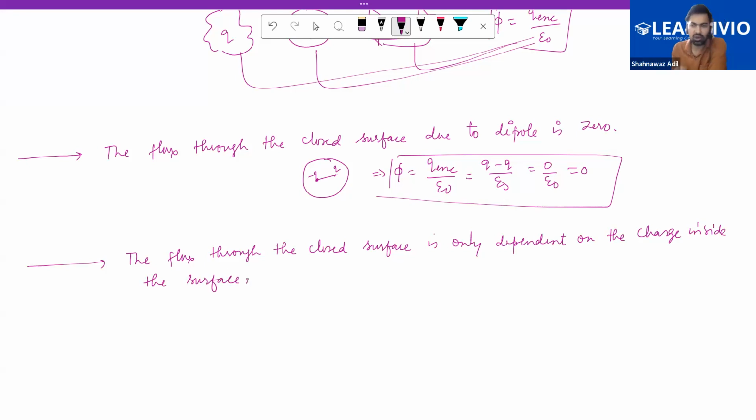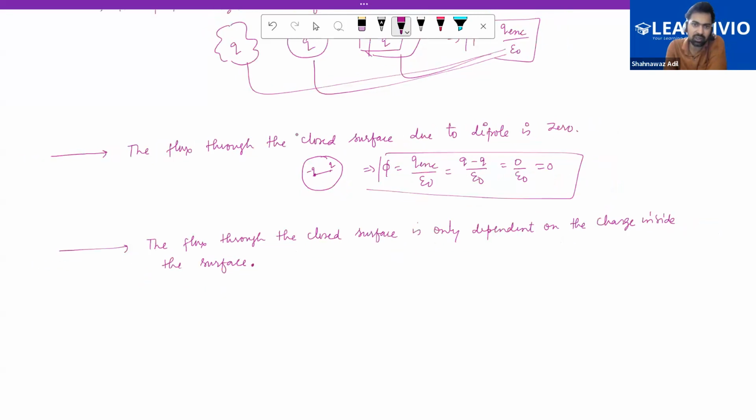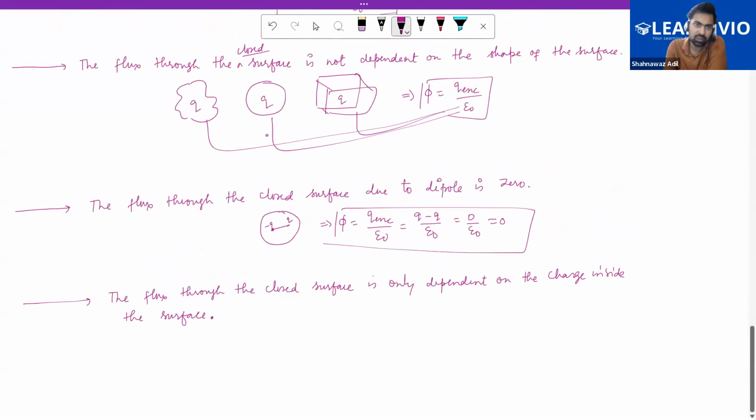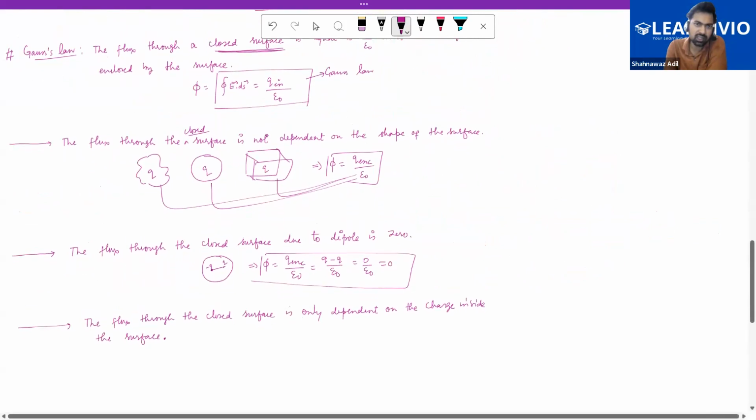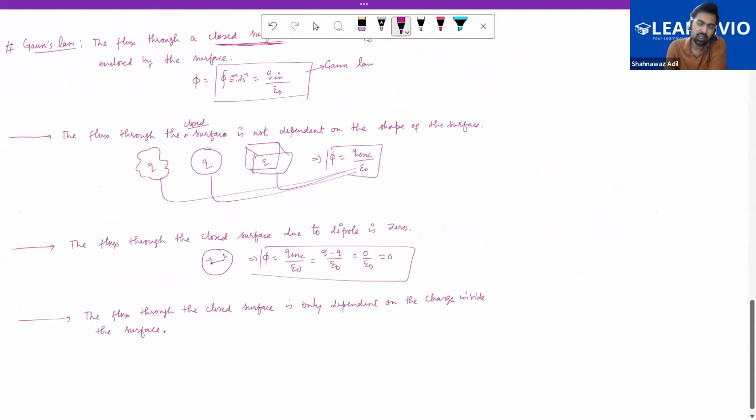It is not dependent upon the charge which is outside the surface. So it is only dependent upon the charge which is inside the surface. Right. So these are the important things to remember. And then we'll see what the applications of this Gauss law are. So please note down these things, and then we'll talk about the application of Gauss law.